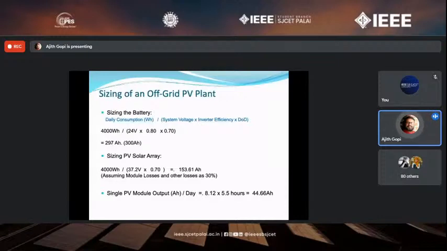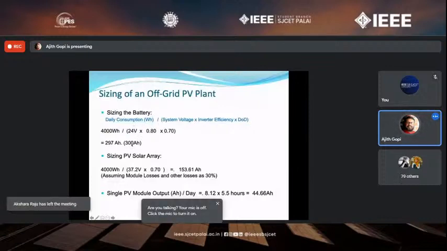Above that it is better that you go for a 48 volt system. So I'm assuming a 24 volt system for this plant, and dividing this 4,000 watt hour by 24 volt.